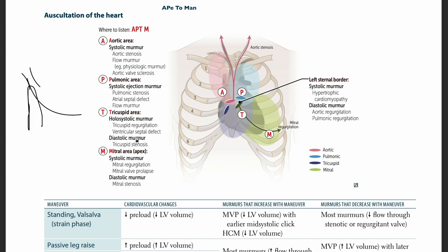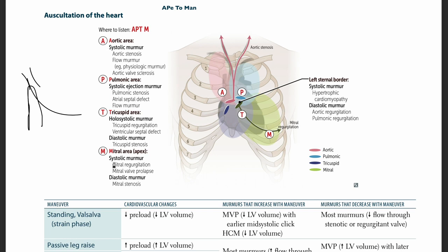So you have tricuspid stenosis for the murmur in diastole. So you gotta remember here the systolic murmurs were stenoses, and when you go down it flips around. Hey, that rhymes. And when you go down it flips around. So in tricuspid, diastolic murmur is going to be tricuspid stenosis, and the systolic is going to be the regurgitation, and you'll have VSD there as well.